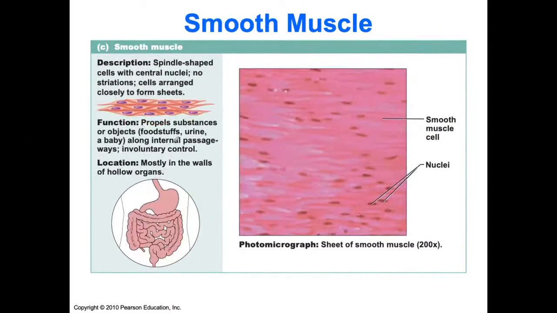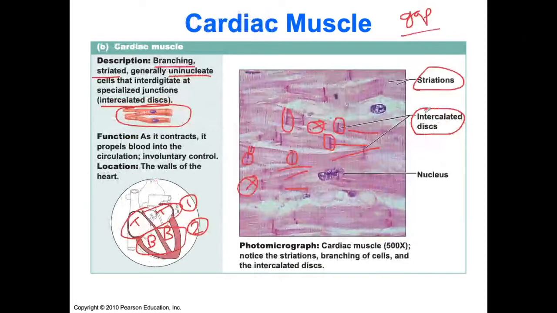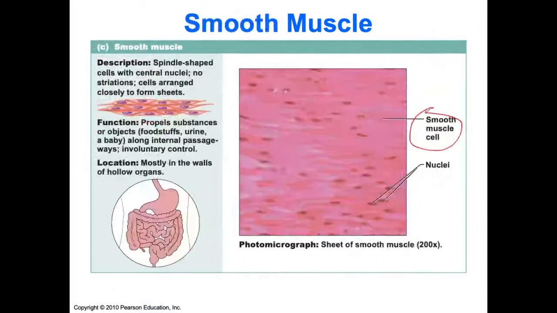Okay. Smooth muscle looks a lot different, right? If I bounce back and forth here, you can see striated, striated, striated, striated, smooth. Smooth muscle is smooth. The cells are spindle shaped with a central nucleus.